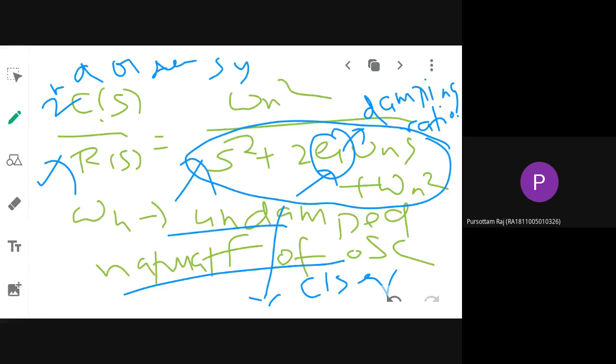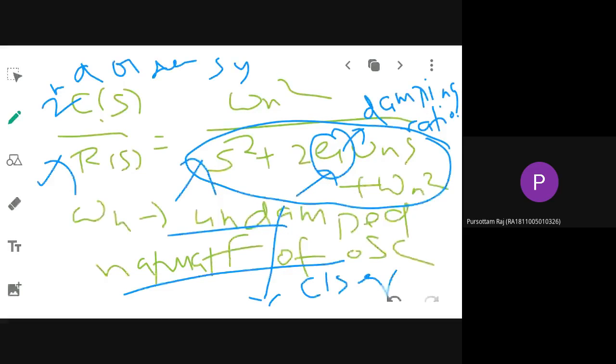In all the cases, you will have the same representation in the denominator. There you have m s squared, here also you have s squared. So I am telling you the common representation. Any second order system can commonly be represented by this general formula.